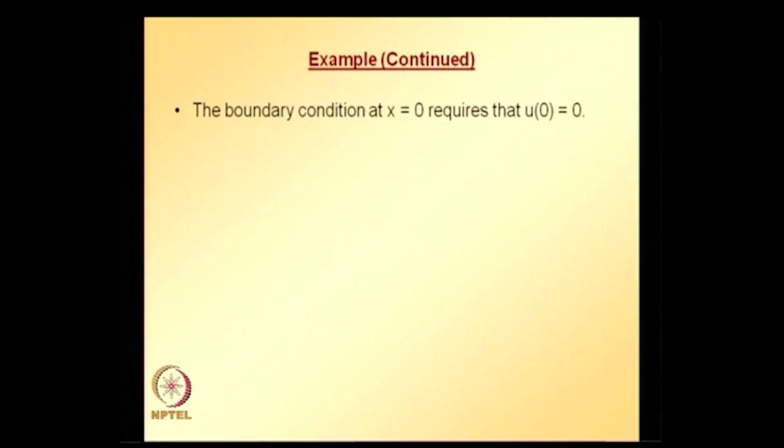And if you see the other boundary condition, we need to evaluate at x is equal to 0, and already the boundary condition is given, that is u evaluated at x is equal to 0 is 0.